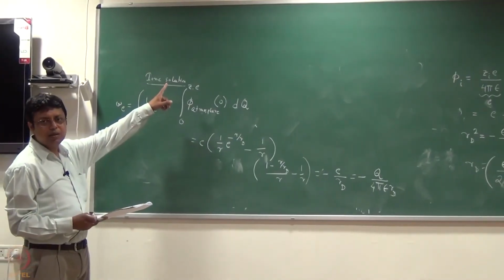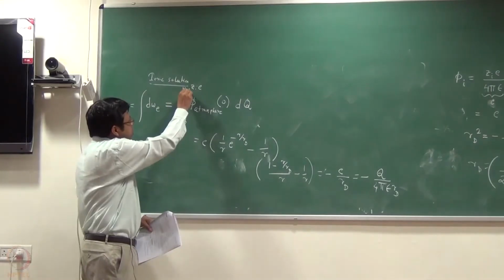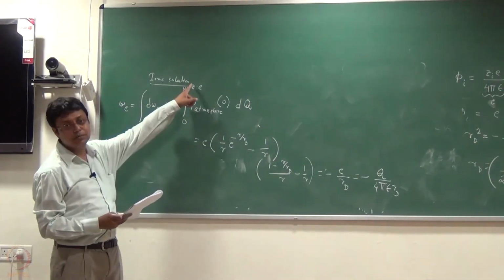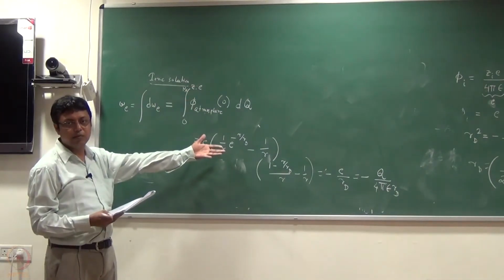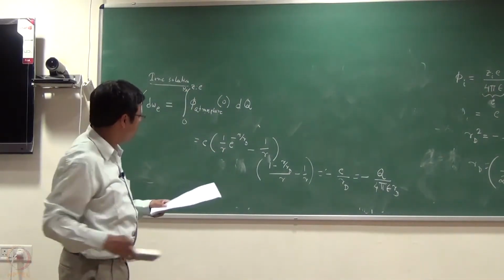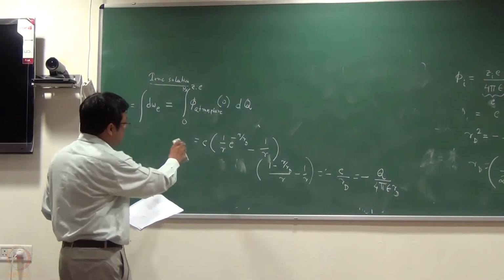Now this is basically the work done for one cation. If I ask you for the molar quantity, I have to of course multiply by Avogadro number, because this is for one charge. Now as you can see, Na into E, again I will give you an F. Now what ultimately we will get is what we had, minus Q by 4 pi epsilon RT.